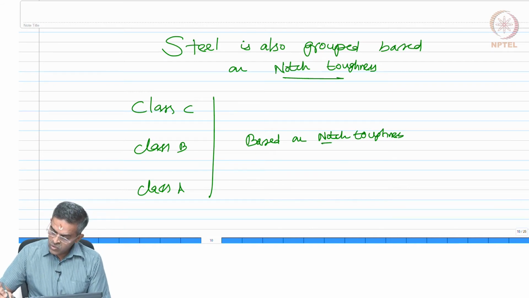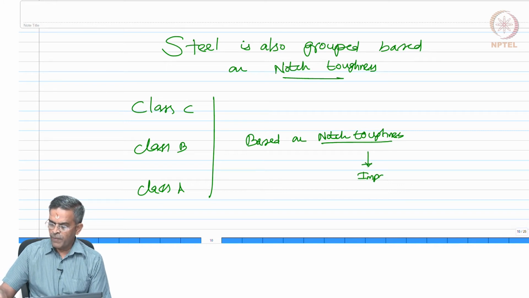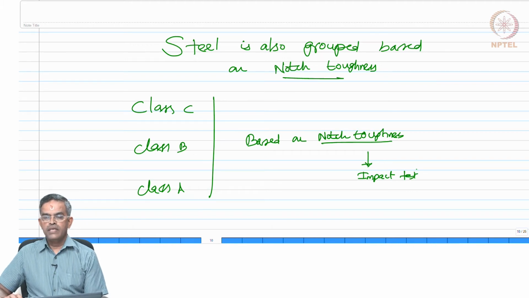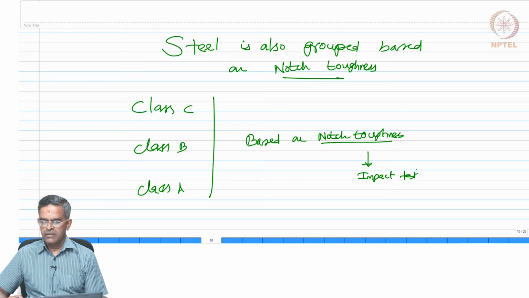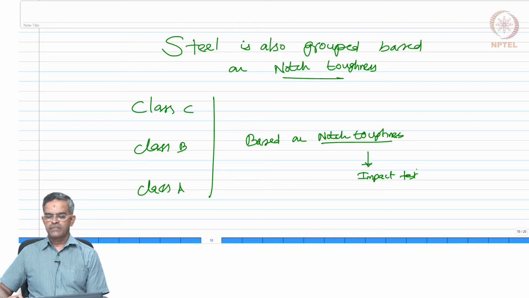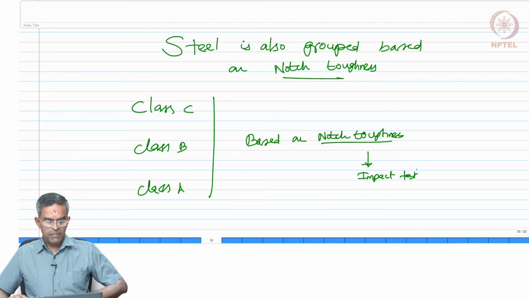Notch toughness is computed based on an impact test by providing a notch in the specimen of a standard size using ASTM controls. You conduct the impact test and estimate the notch toughness. Based on the notch toughness obtained from the impact test, we can again group steel as class A, B, C.